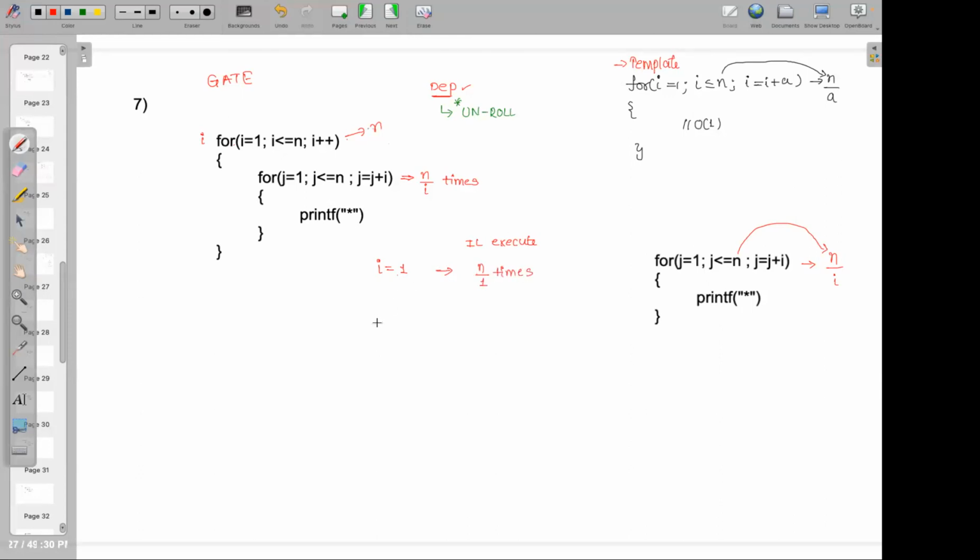Next, i is equal to 2. How many times will the inner loop execute? n by 2 times. i is equal to 3: n by 3 times. Like that, how many times will the outer loop run? Corresponding to the outer loop, till n times it will run.